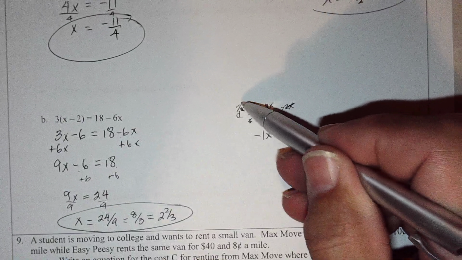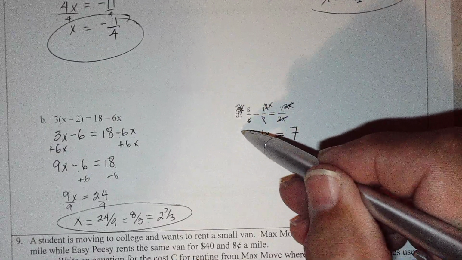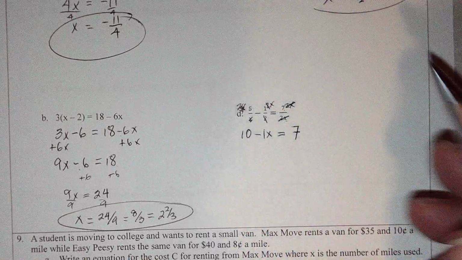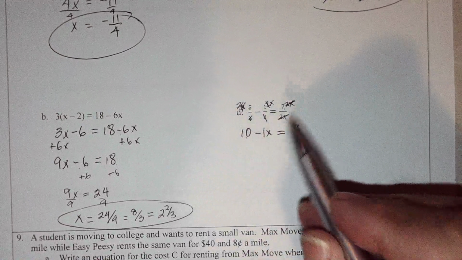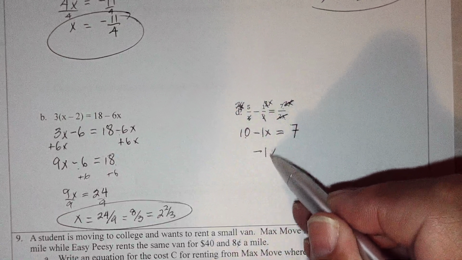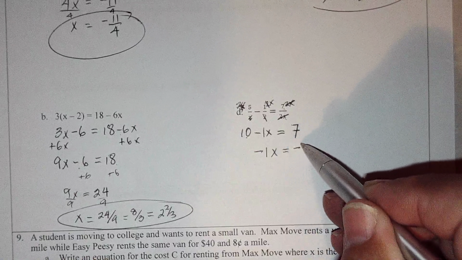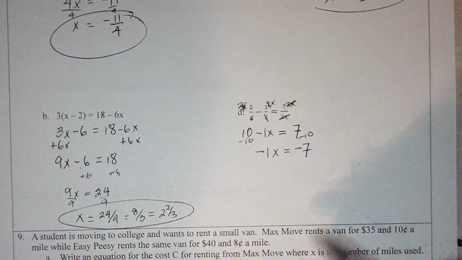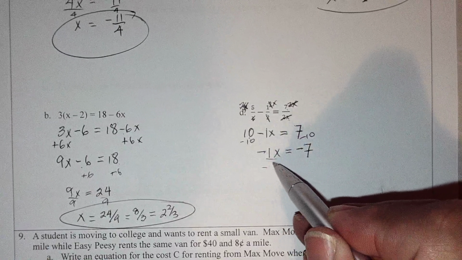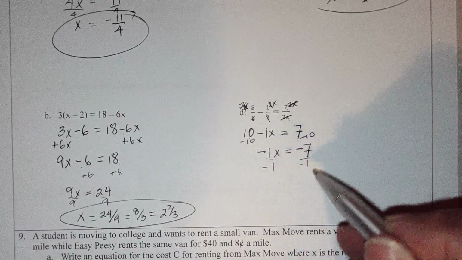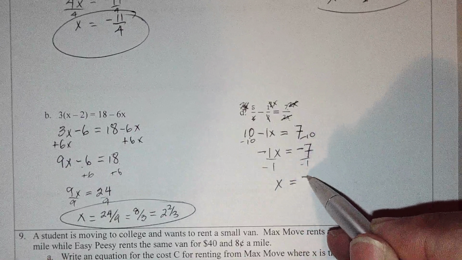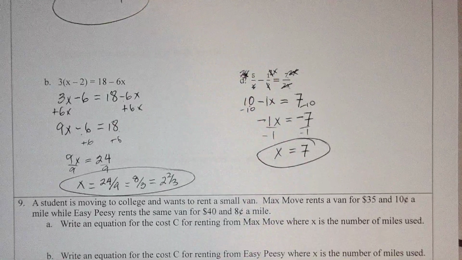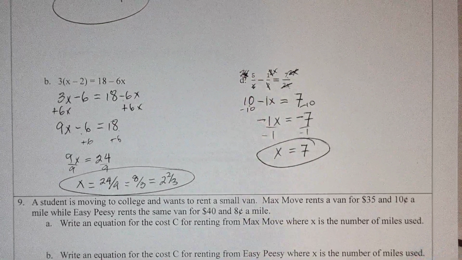The x cancels here, and this becomes 10. 2 times 5, 10. So I subtract 10 from both sides, and I get negative 1x equals negative 7. I divide by negative 1, and I get x equals 7. Okay.